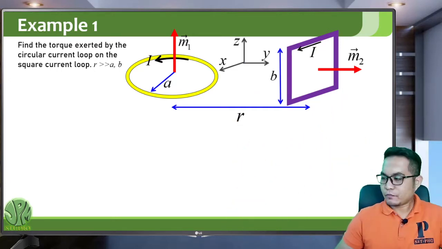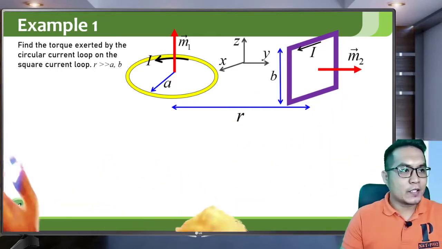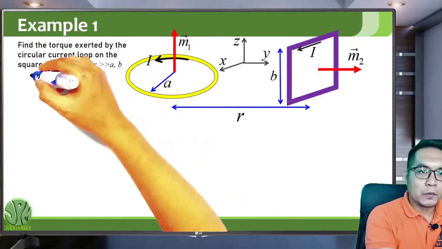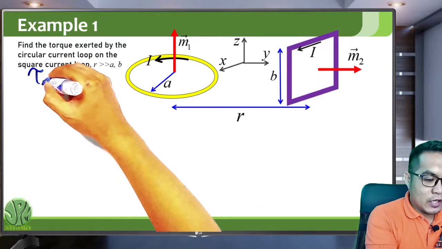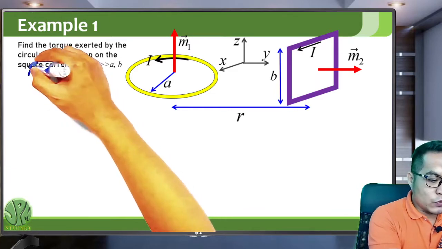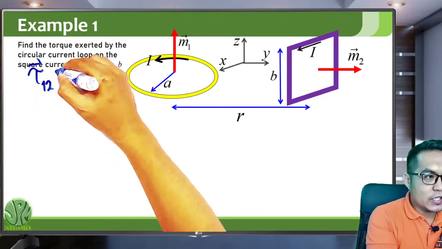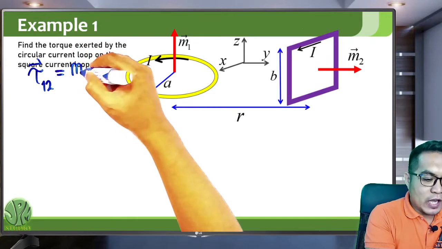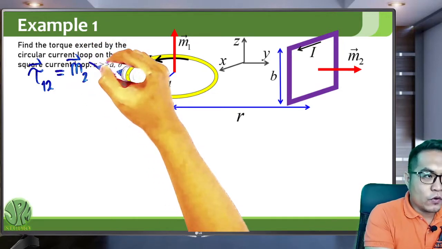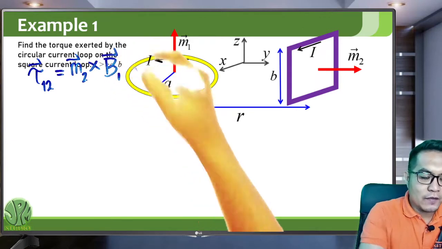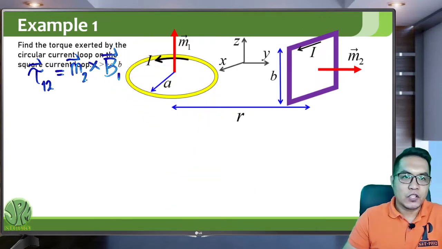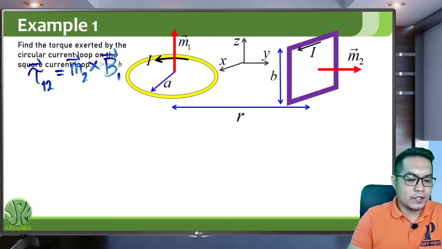Okay, in order to solve this problem, we need to solve for the torque exerted by loop 1 on loop 2, so tau 12, and this is equal to the magnetic dipole moment of loop 2 crossed with the external magnetic field, which is the field caused by B1. So we need to solve for m2 and B1 first.